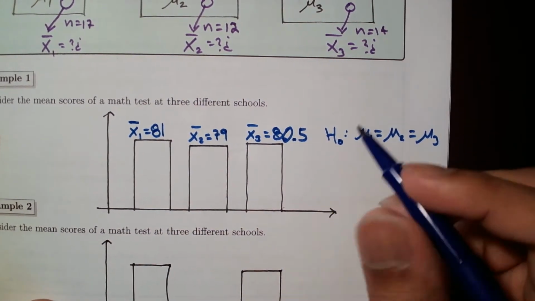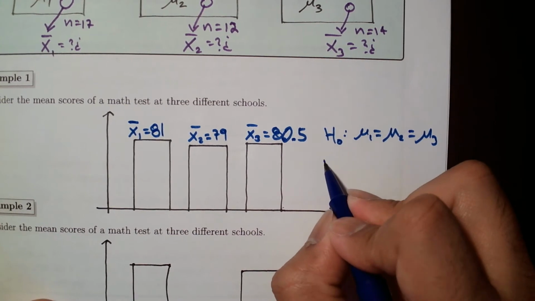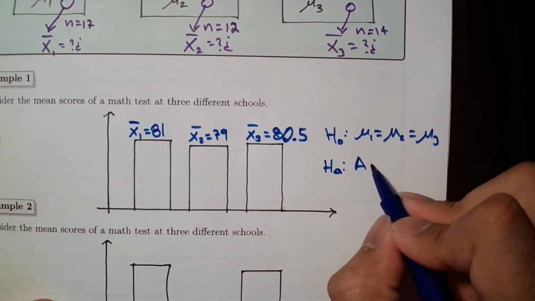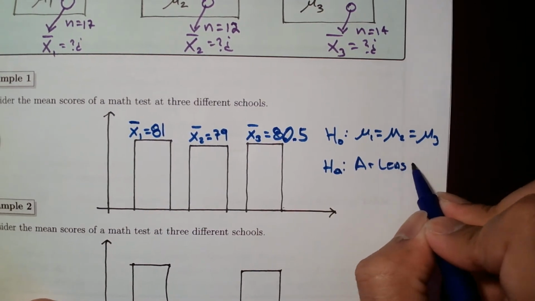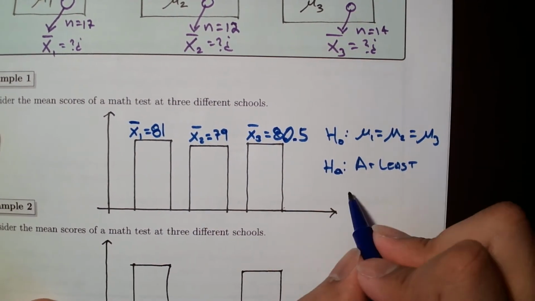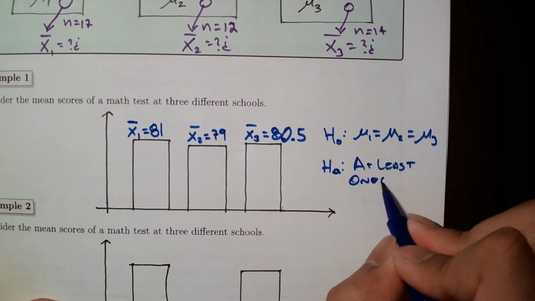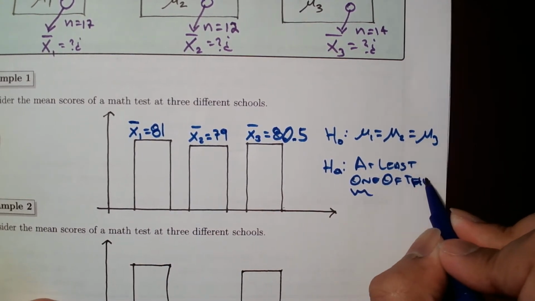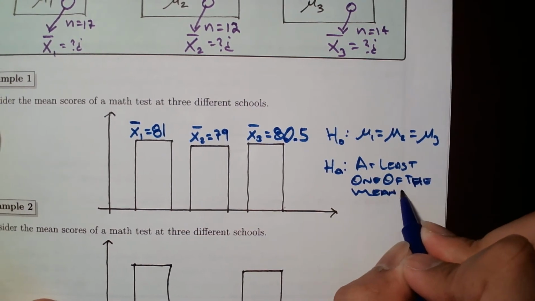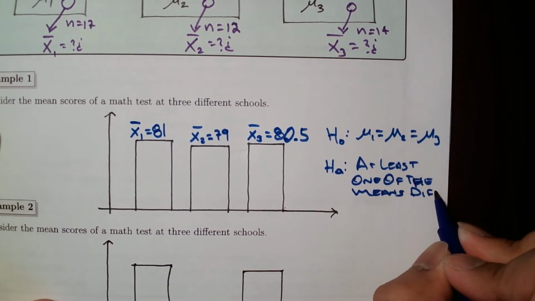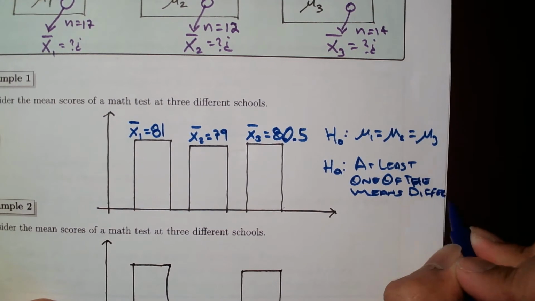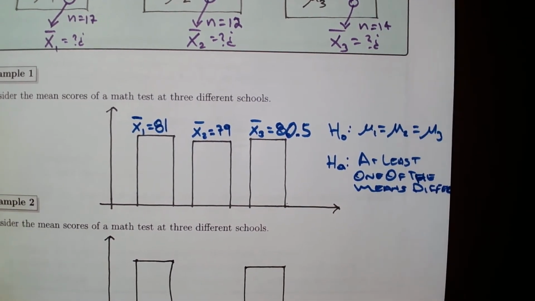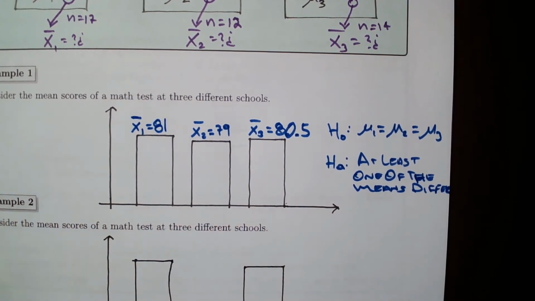And for the HA, at least one of the means differs. What's going to happen here most likely?